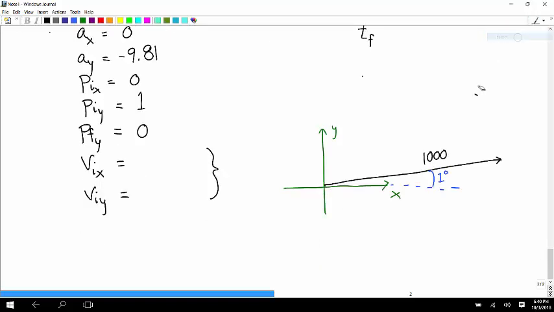And so the components of the initial velocity vector are the magnitude times the cosine of 1 degree for x, and the magnitude of 1,000 times the sine of 1 degree for the y component. Can someone calculate that? I don't think I have that here. So 1,000 times the cosine of 1 and 1,000 times the sine of 1.